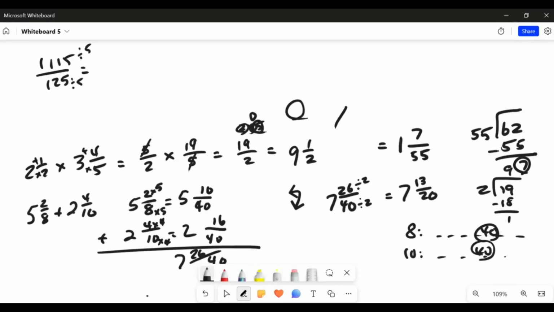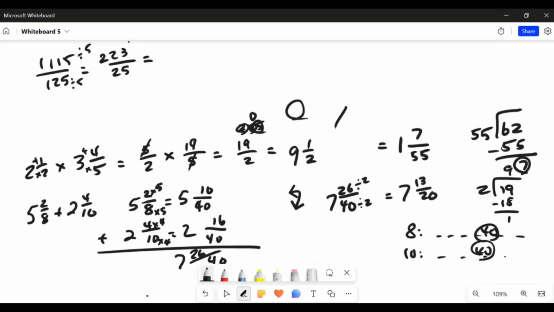And so if numbers end in 5, then they are divisible by 5. So 1,115 divided by 5 is 23. Nope, that's not right. 1,115 divided by 5 is 223. And 125 divided by 5 is 25.